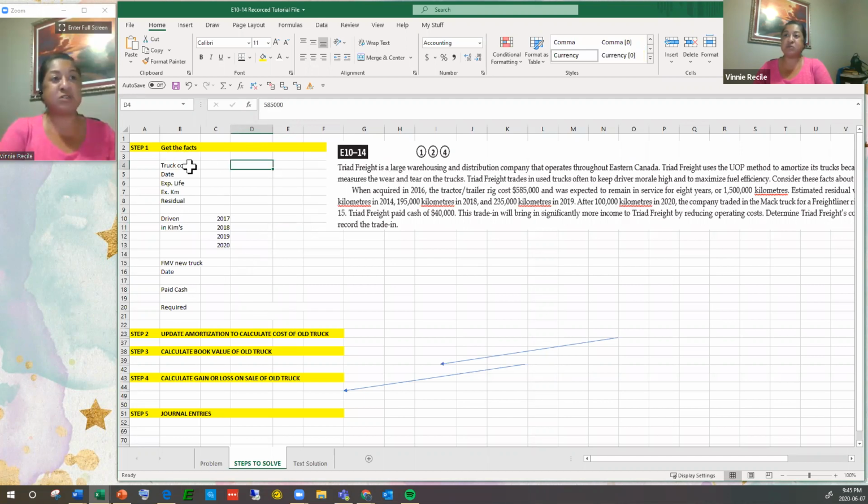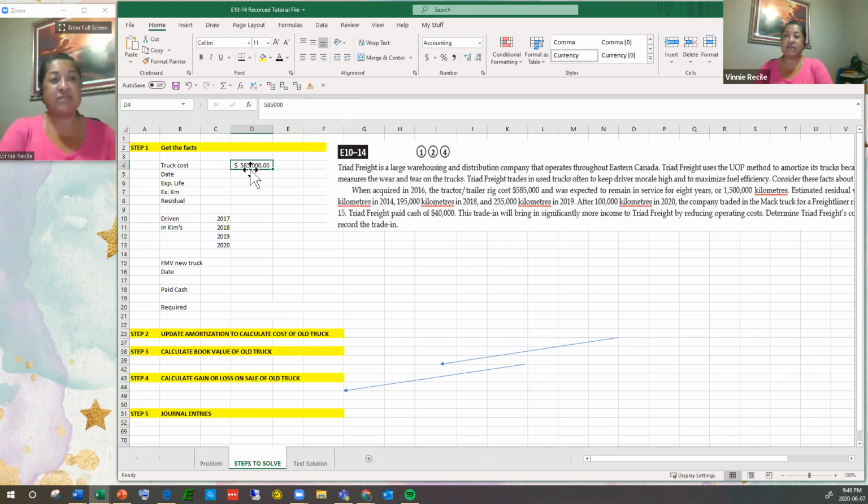We have some information about the truck cost, the date, expected life, expected kilometers, residual, which is salvage, same thing, how many kilometers they've driven by year, the fair market value of the new truck, the date it's acquired, the cash paid, and then the requirements. So again, just reading through the problem the first time, second time, skim through, pull this information as the information you're going to need, and then start filling it in.